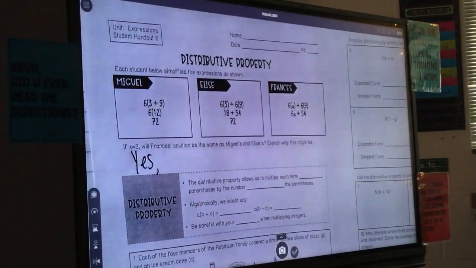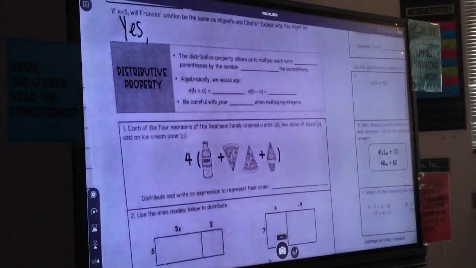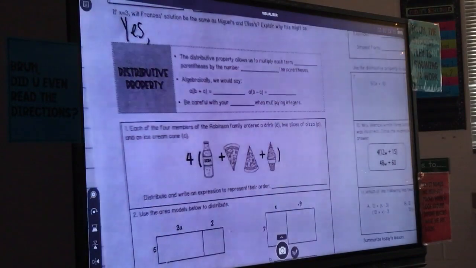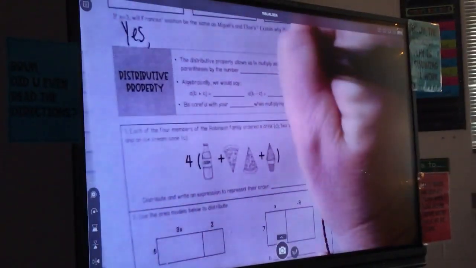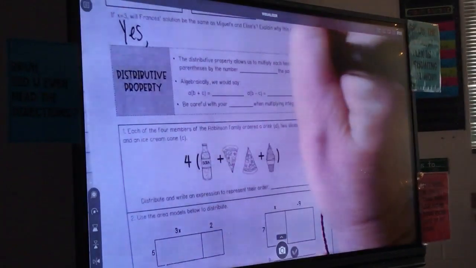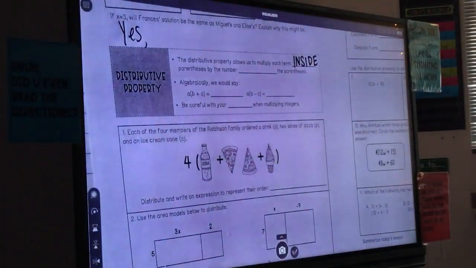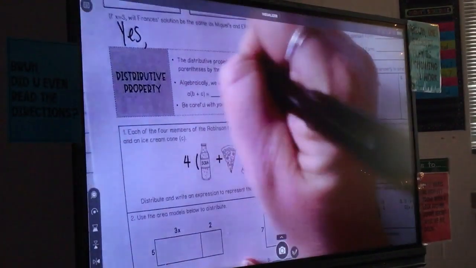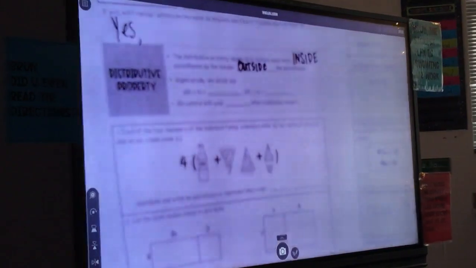Okay? All right. Let's get down to distributive property. So distributive property allows us to multiply each term inside, please make sure you write that in capital letters, parentheses, by the number outside, again, write that in capital letters, of the parentheses.